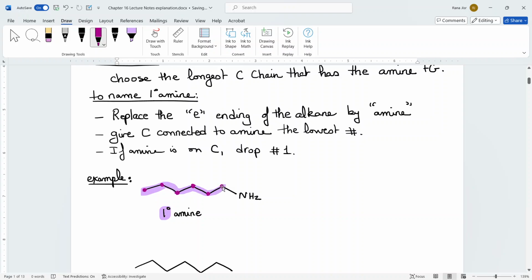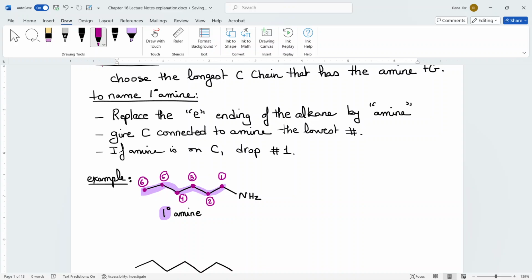Okay, so this is going to be the long carbon chain, and then you're going to give the amine the lowest number possible. So you're going to start numbering from the carbon that is connected to the amine. So this is going to be 1, 2, 3, 4, 5, and 6.